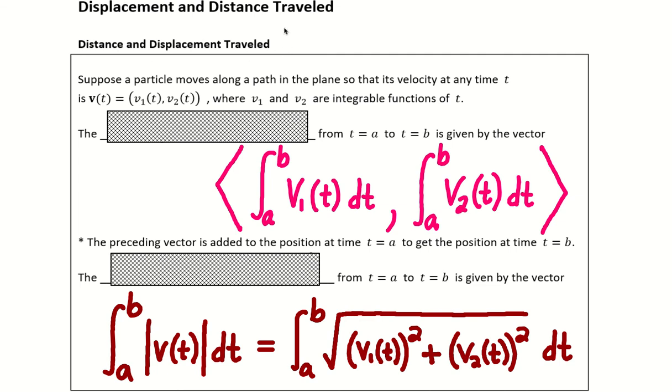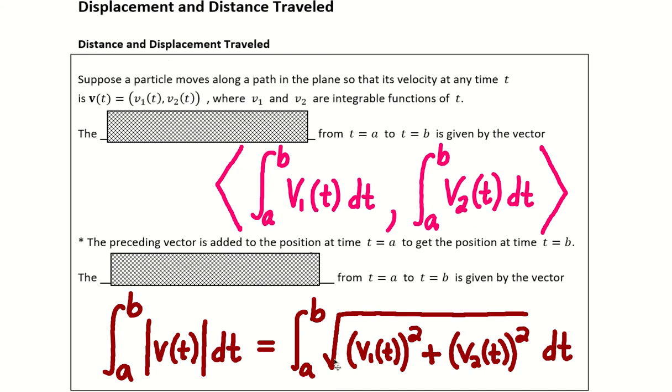Displacement and distance traveled. Okay, remember people with velocity and stuff? Remember how Mrs. Clute taught you how connected all that was with displacement and distance. So here we go.